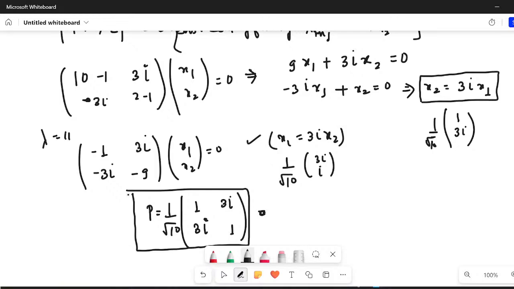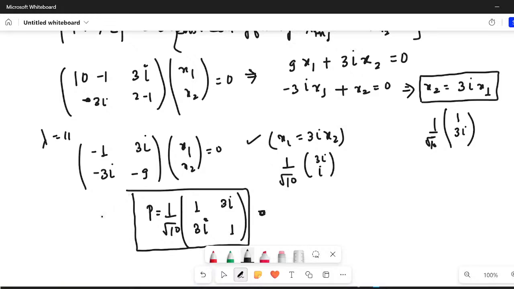Now let us do a few more from NET also. So there is another question where a 2 cross 2 unitary matrix has been given to you.